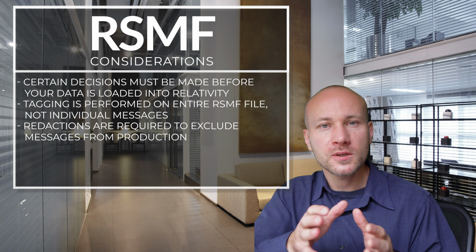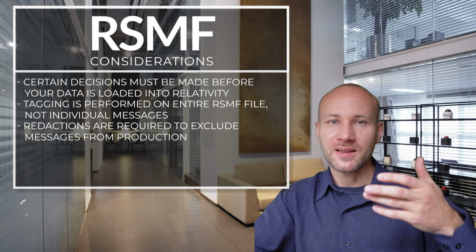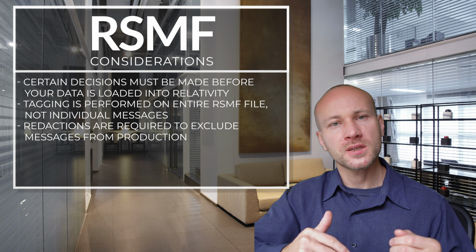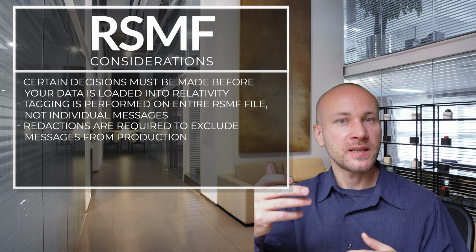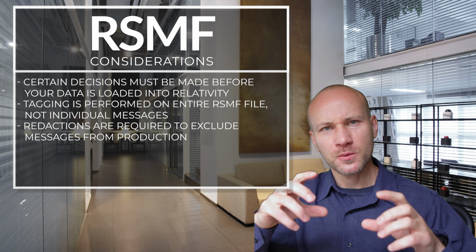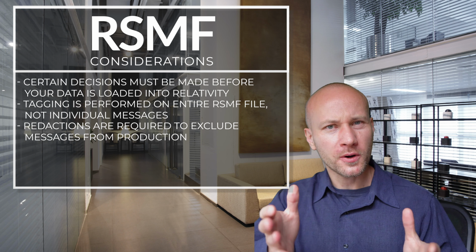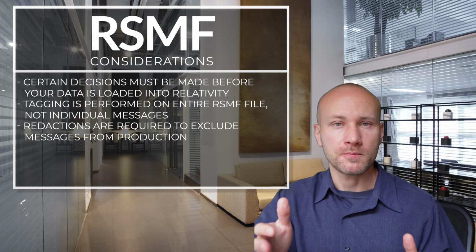If you don't want it included in the production, you would have to redact it. Same thing with attachments. Attachments show up twice, once in line with text messages as well as the attachment. So you may have to redact attachments twice, or you can redact the inline attachment once and then exclude the attachment. In that case, you will be producing broken families, which may be okay.